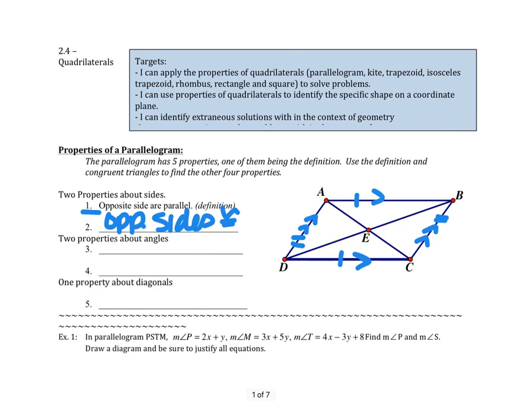And then the properties about their angles. Opposite angles are going to be congruent. So angles across, all of angle D and all of angle B, and all of angle A and all of angle C are going to be congruent. Okay, and the last one about the angles is that consecutive angles are supplementary.